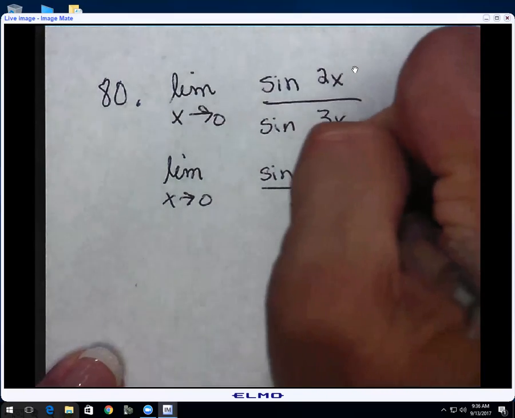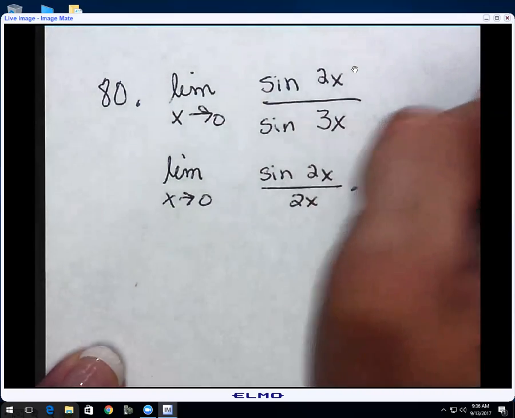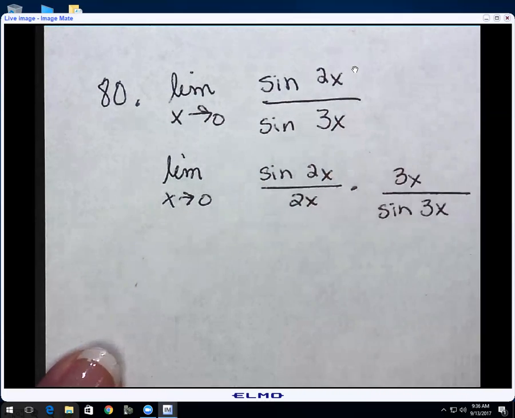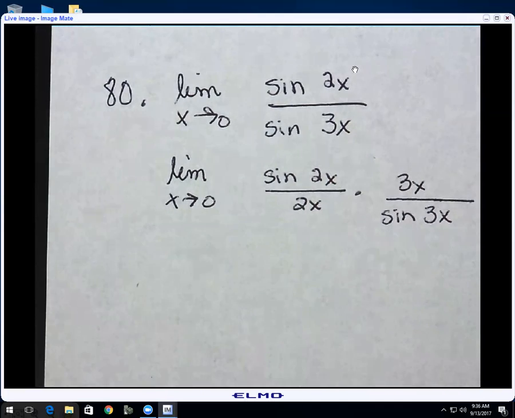If this was 3x over sine 3x, I could handle it. But that doesn't multiply back together to give me what I started with. What's there that's not supposed to be there if I multiply that back together in an attempt to get back what I started with?